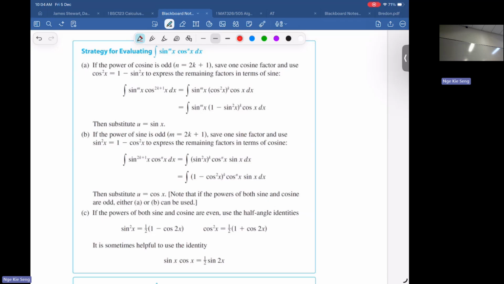So if cosine is odd, you substitute sine. If sine is odd, you substitute cos. But when both of them are even, we will try to push them into a double angle formula, so that we can reduce the power of sine. Because if it is appearing odd, there's an extra cosine appearing. So that's the good place where you can do substitution.